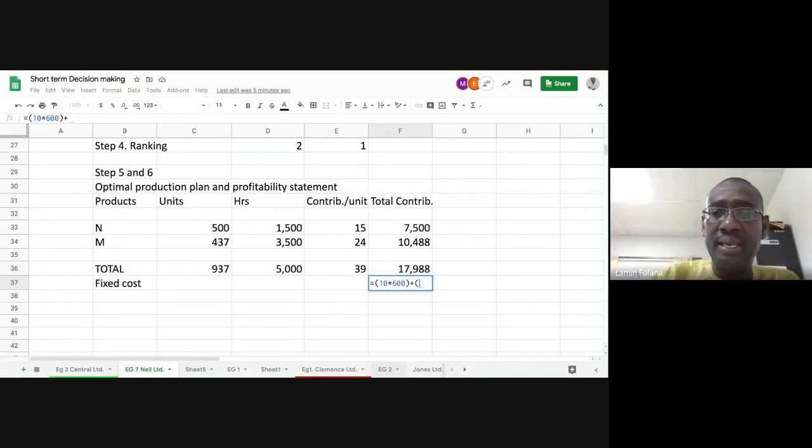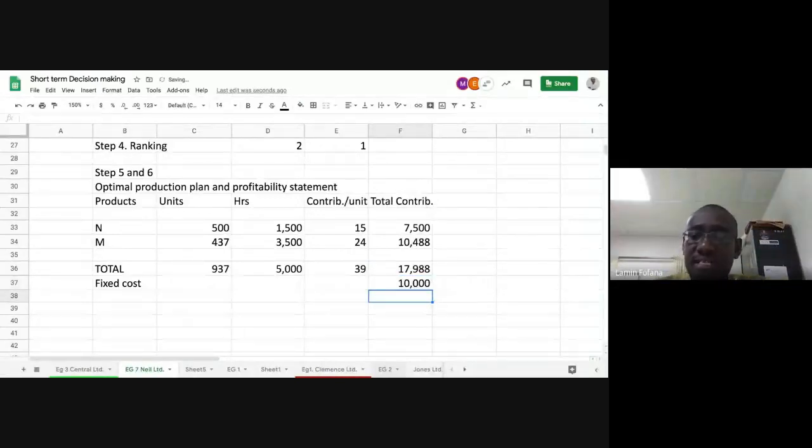We open the bracket again. 8 multiplied by 500. We close the bracket. We enter. So that gives you 10,000. This is the formula we put there: 10 multiplied by 600 plus 8 multiplied by 500. We make sure we follow the BODMAS principle. Can you see it here? So that's the working.